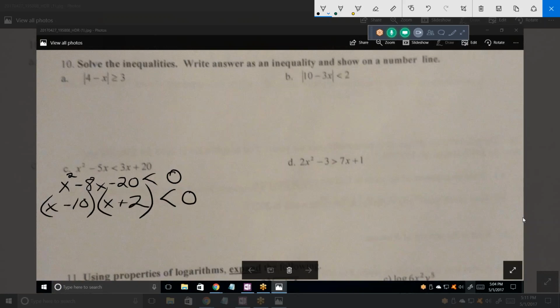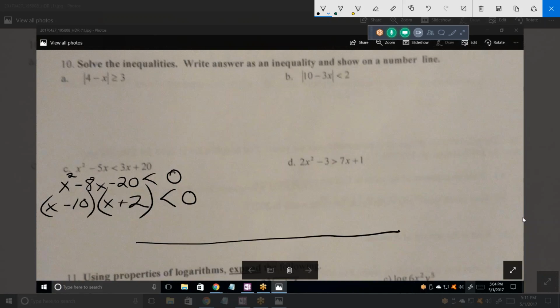Now, whenever you have the product of two variables less than 0 or greater than 0, or the quotient of two variables less than or greater than 0, there's a particular method that you use to solve it, and it's called a line chart.